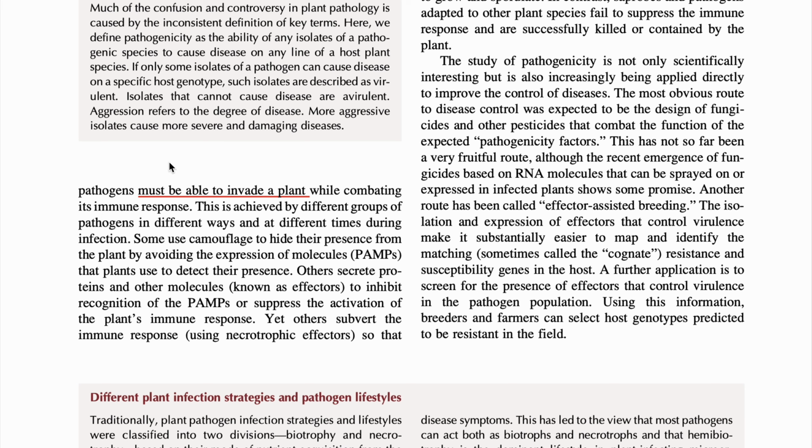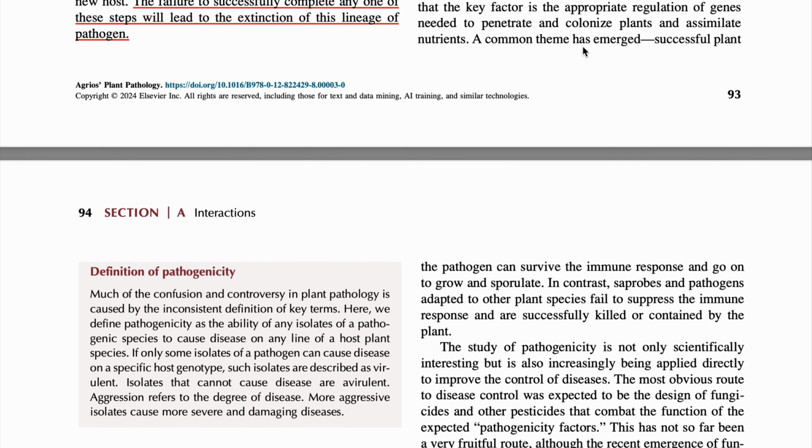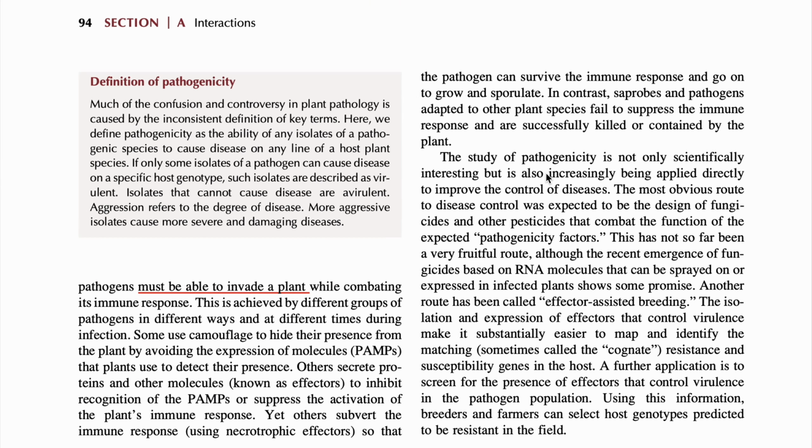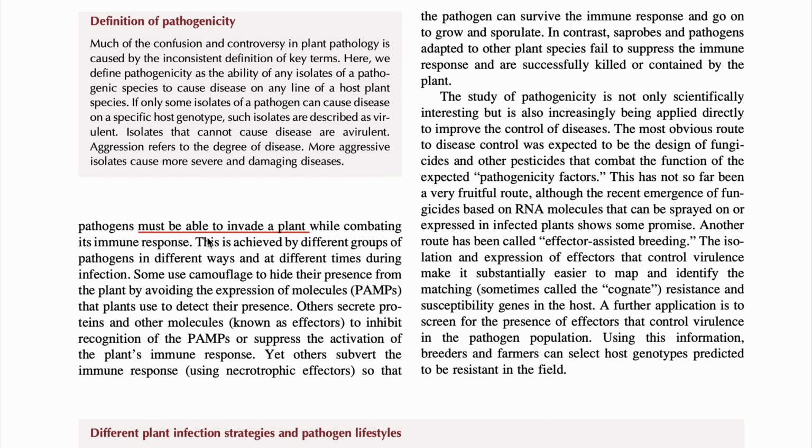So when any pathogen is trying to harm the plant, the plant automatically activates its defense mechanism. So a successful plant pathogen must be able to invade a plant while combating, meaning fighting, the host immune response.